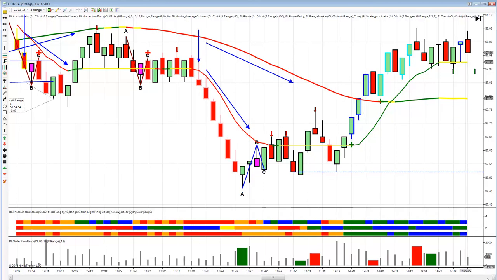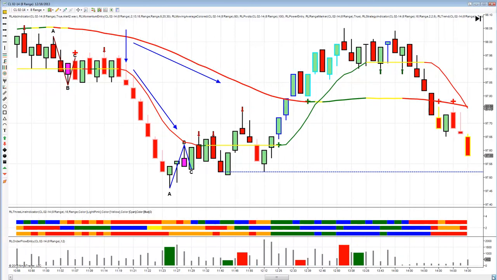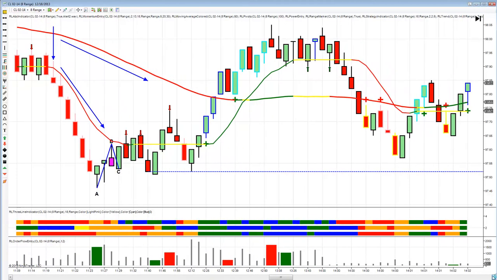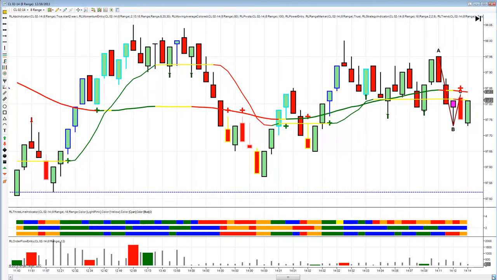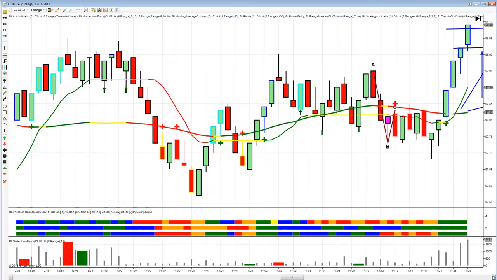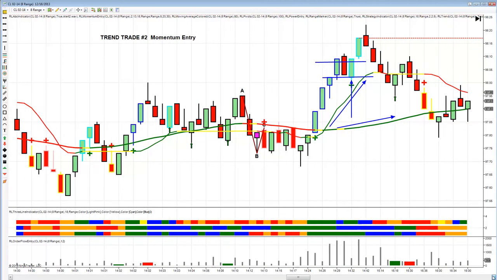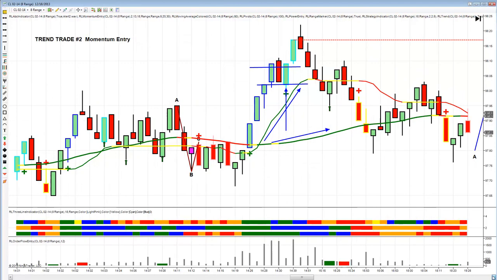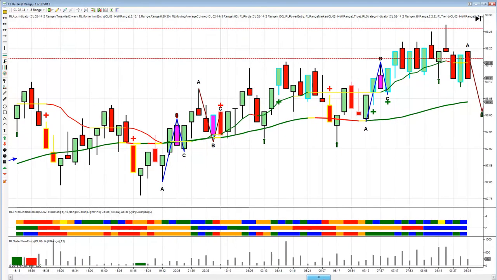Now let's look for another break of the 15. Remember, we need the 50 and the 15 in total alignment. And if you don't adhere to that, this is a trade that can burn you.